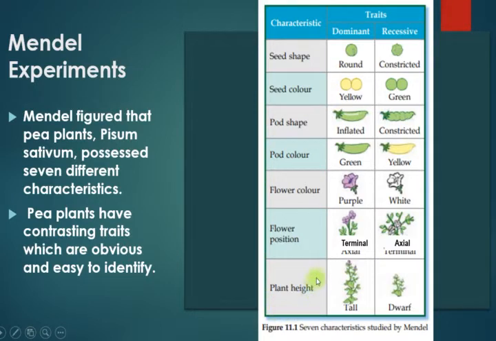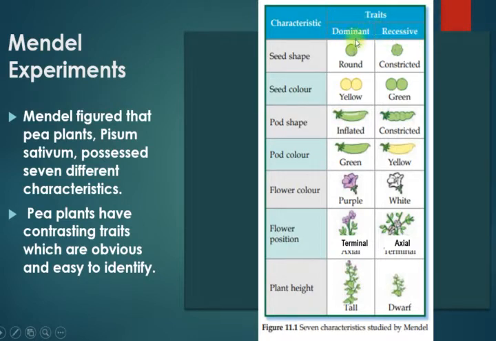So what are the traits? These characteristics show different contrasting traits, which are obvious. For the seed shape, it has two contrasting traits, which are round and constricted. Round refers to the dominant trait, and constricted refers to the recessive trait.